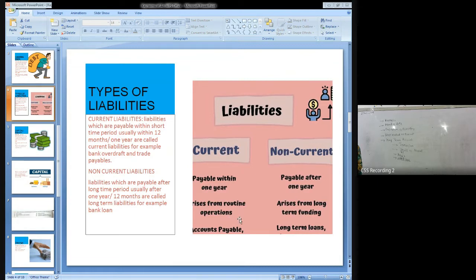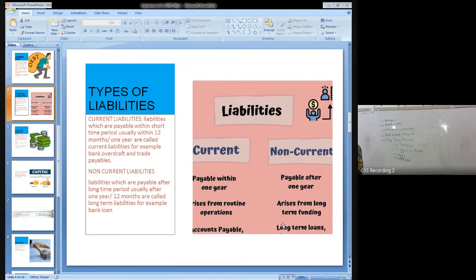For example, if we are purchasing goods continuously on credit, that would be a routine matter for our business. On the other hand, non-current liability arises from long-term funding. It means that when we need a long-term loan or long-term cash or money for our business, we incur a non-current liability.